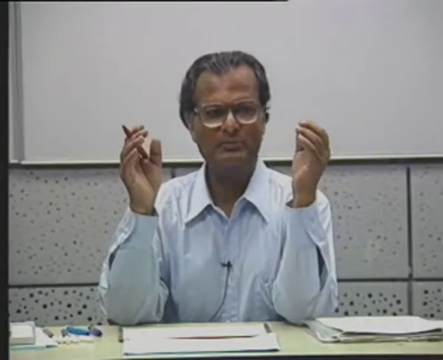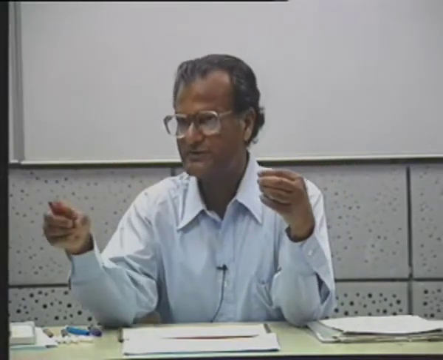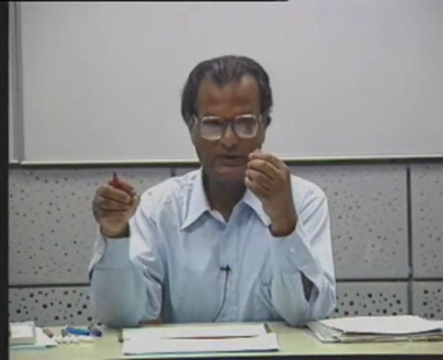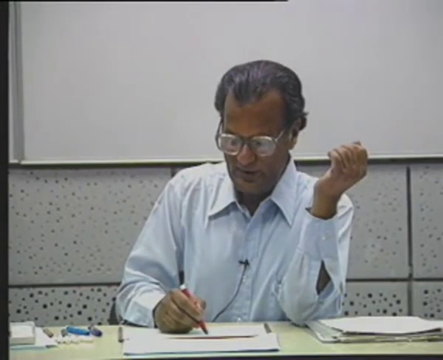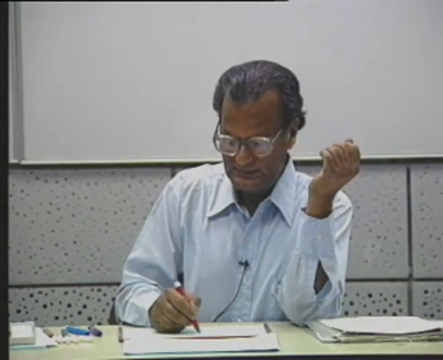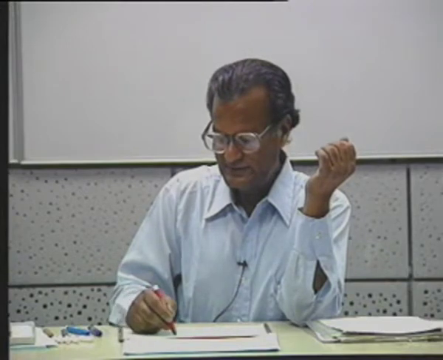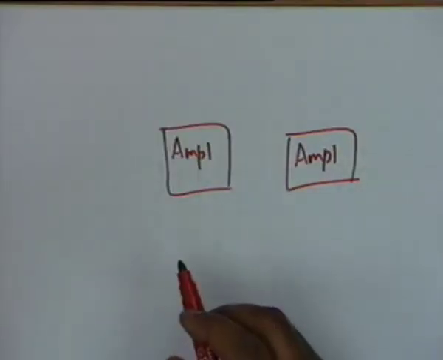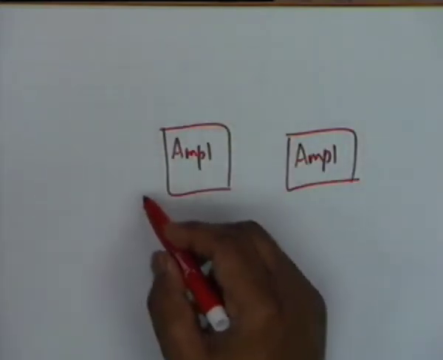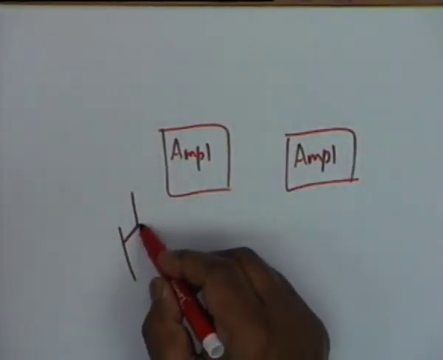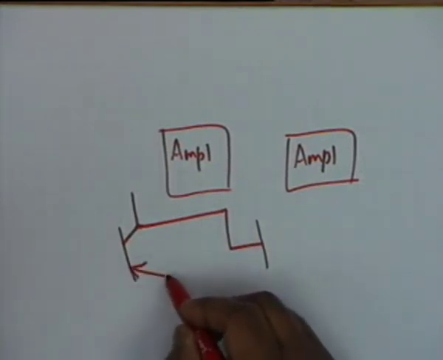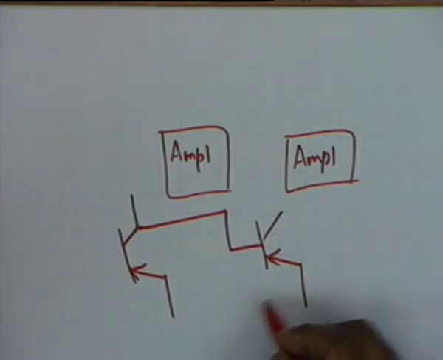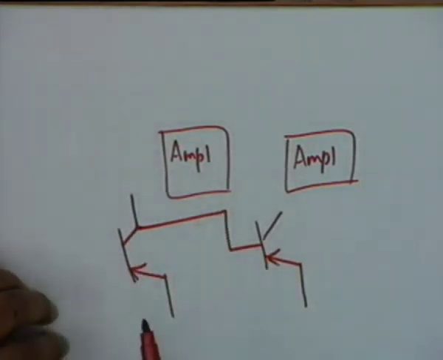Then there are other considerations, like if you want a multi-stage amplifier, if you want to couple one stage to the other, well, then coupling is important. How do you couple? For example, you have one amplifier stage and another amplifier stage here. Suppose you connect the collector of one stage directly to the base of the next stage. Can you connect it directly?